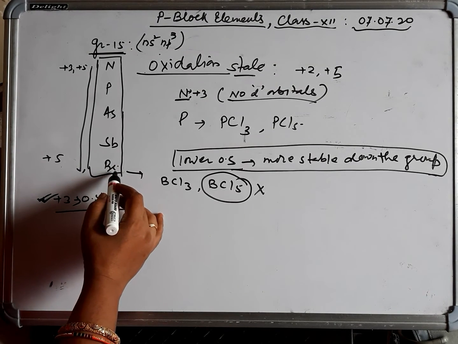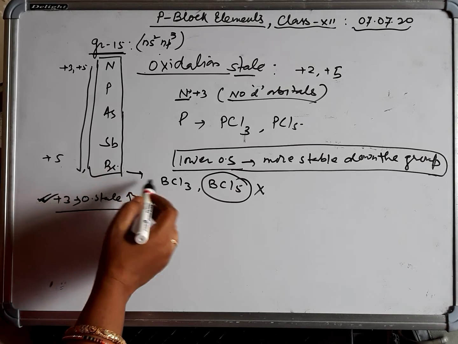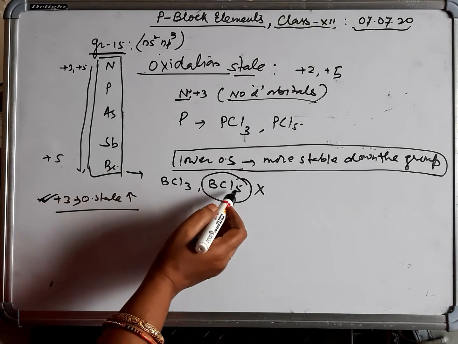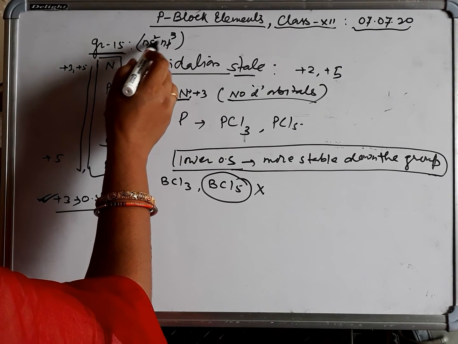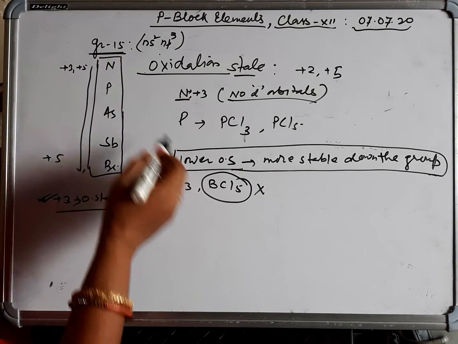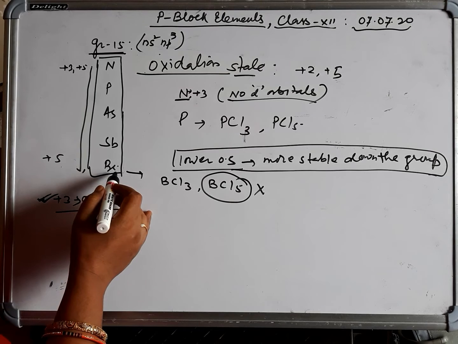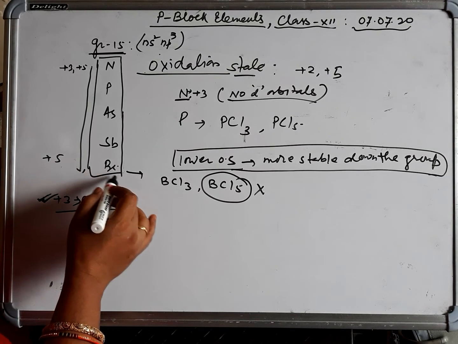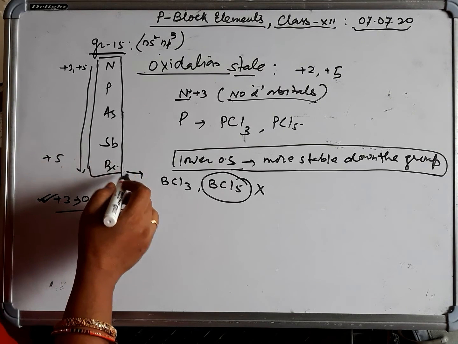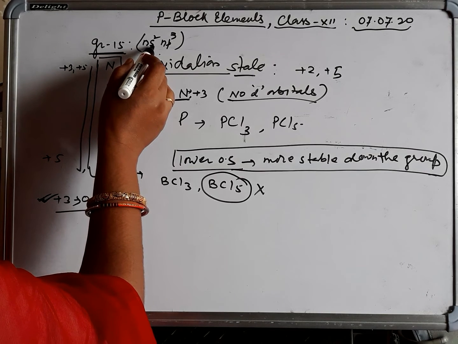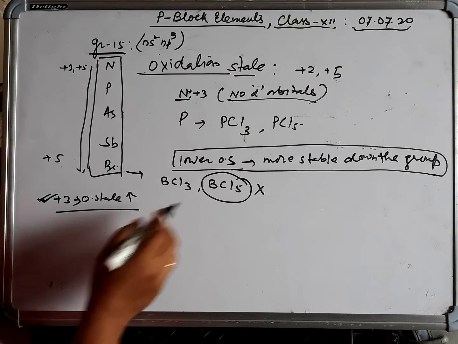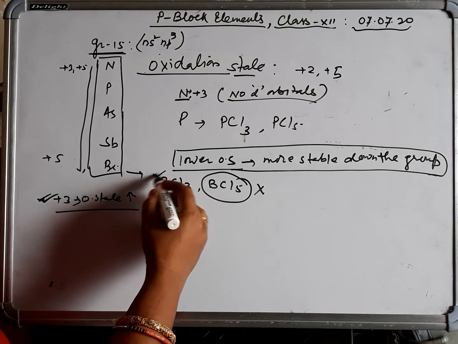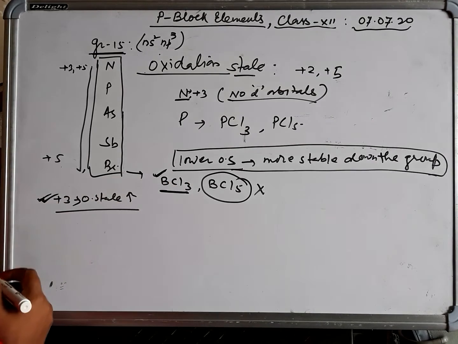Obviously, with poor shielding effect and large nuclear charge, it is not in a position to form bonds with both electrons, the s electron or the p electron. The s electron is strongly pulled towards the nucleus because of high nuclear charge; the effective nuclear charge is maximum on the s electron. So in that condition the s electron does not participate in bond formation, and only the +3 oxidation state is stable.